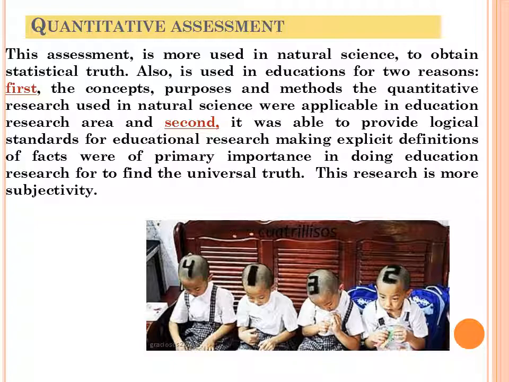And the second was to provide logical standards in educational research, making explicit definitions of facts, which were of primary importance in educational research for universal trust. That research is more subjective because it's a bit complicated.